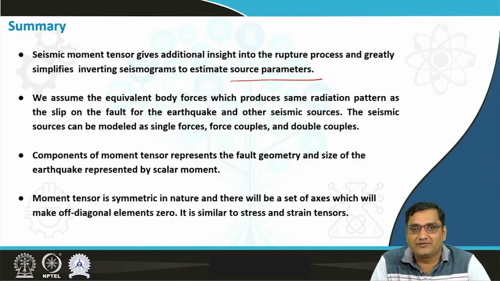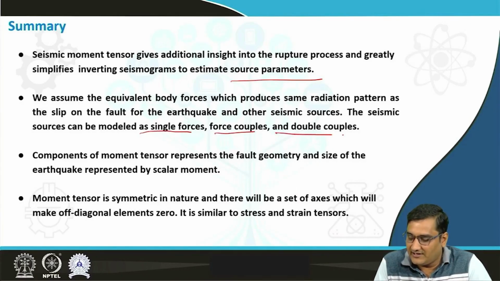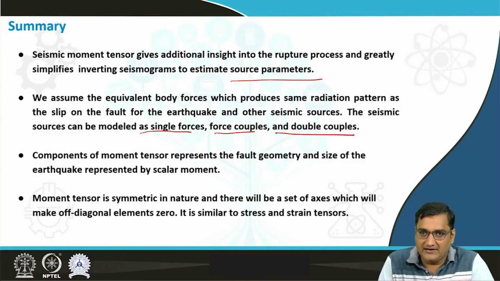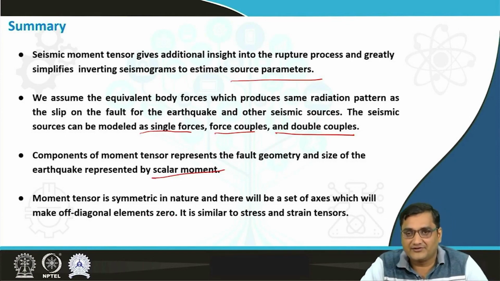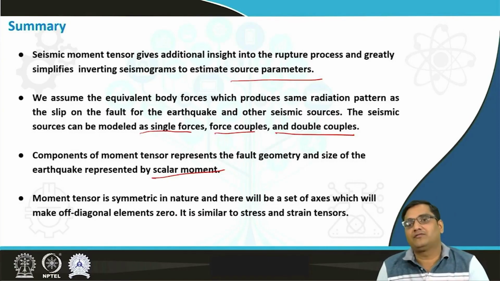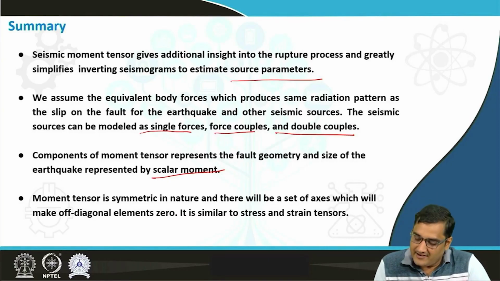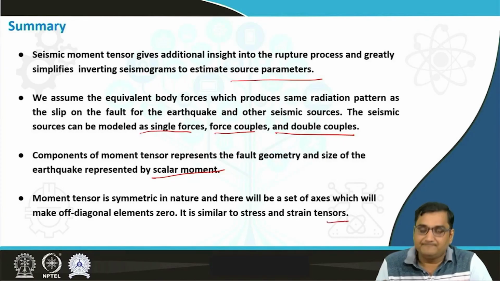The seismic sources can be modeled as single forces, force couples and a double couple. The components of the moment tensor represent the fault geometry, and the size of earthquakes is represented by the scalar moment. The moment tensor is symmetric in nature, just like that of the stress and strain. There will be a set of axes which will make the off diagonal elements 0. It is similar to the stress and strain tensor.